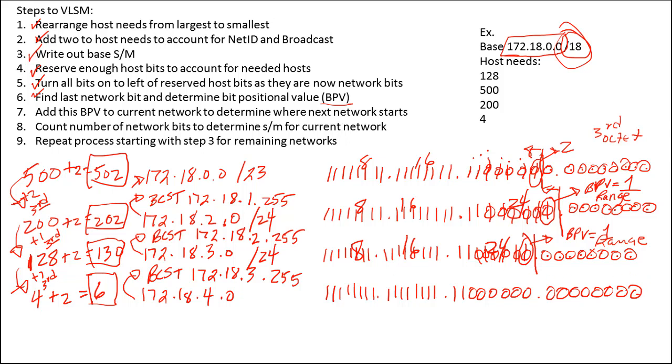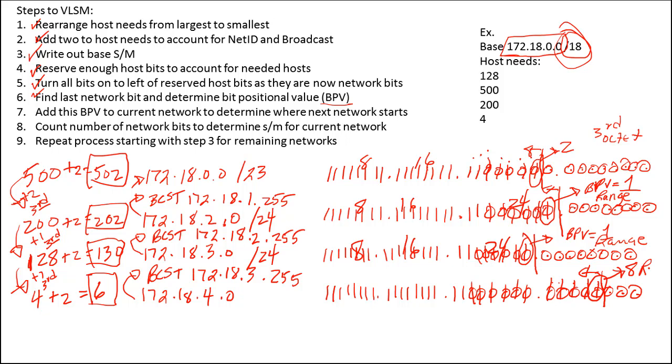Reserve 1, that's 2, 4, and we need to reserve 1 more to get to 8. Draw our line. Everything to the left gets turned on as network bits now. And we find the bit positional value. In this case, it's a 128, 64, 32, 16. It's an 8 this time.